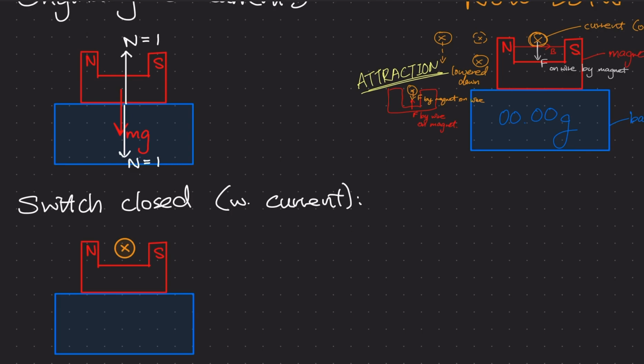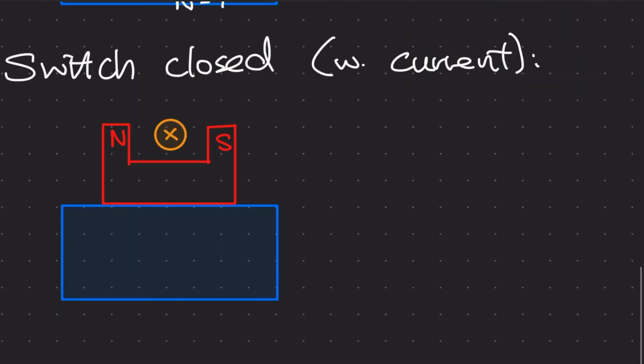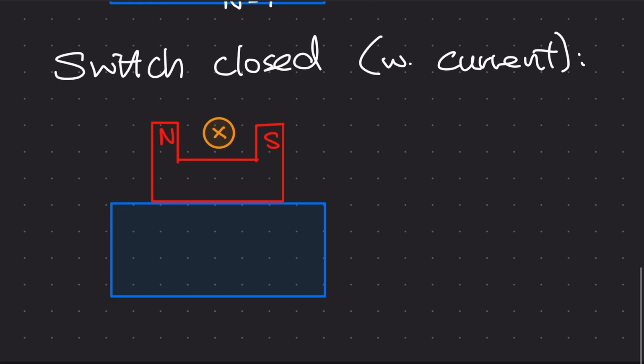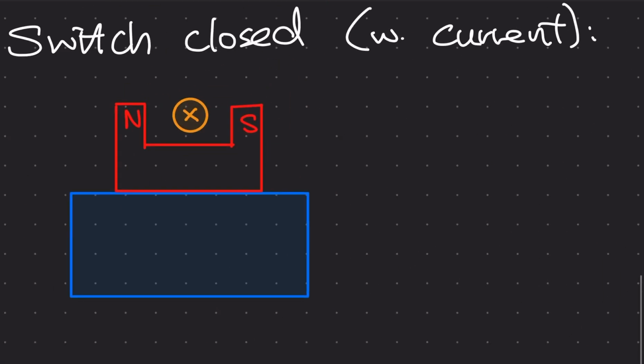Now, if I switch on the power supply, if I close the switch, now I have a current. Let me draw the wire. Wait, I already drew it. Okay, it's already here. So now I have a current.